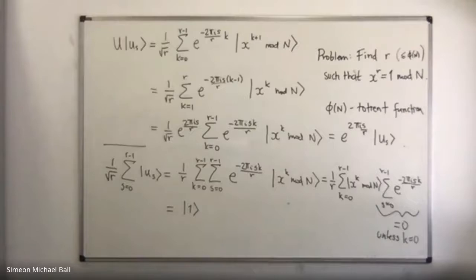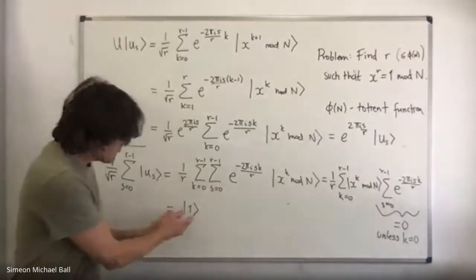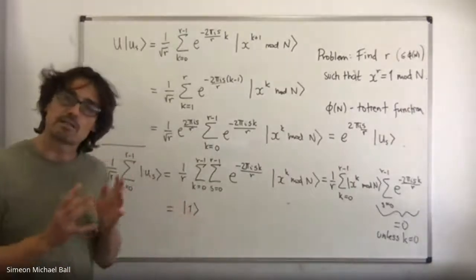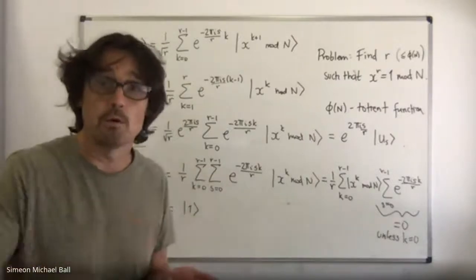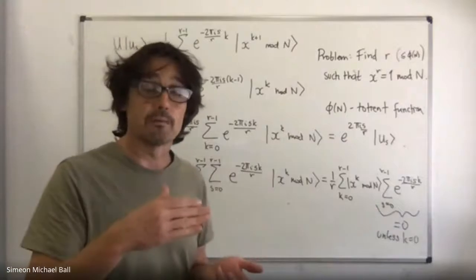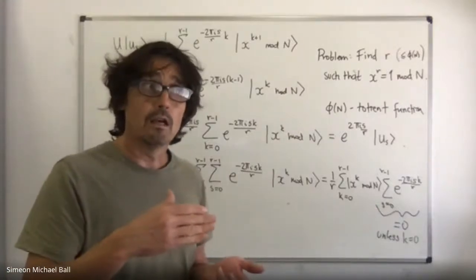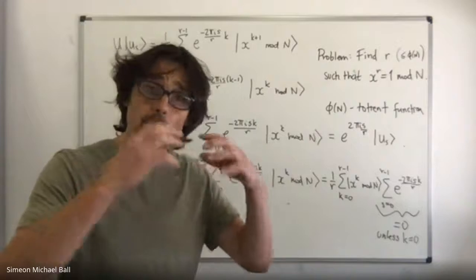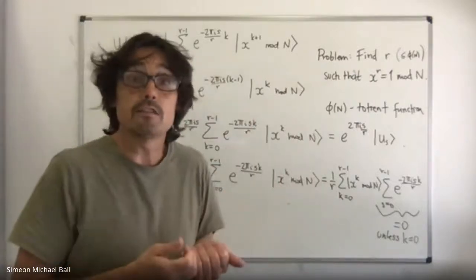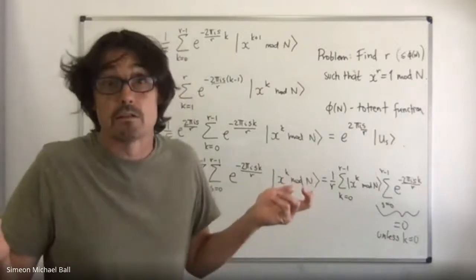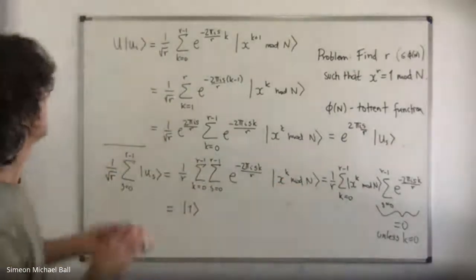So now let's recap here. We stick this state into our phase estimation algorithm with our U, which was fairly simple, which was just the one where you multiply by x each time. We apply our inverse Fourier transform, it will give us an estimation for S divided by R for some S. Okay, so let's mark it down.